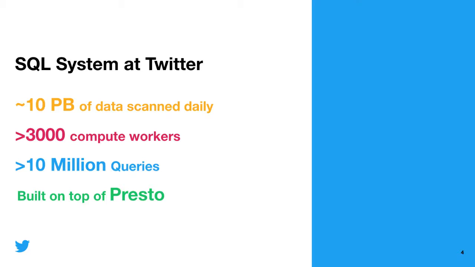For now, there is around 10 petabytes of data scanned daily in the SQL system, and the system has more than 3,000 compute workers, and more than 10 million queries have been handled in the SQL Federation system. And then finally, the SQL system is built on top of Presto, which is a very popular distributed SQL engine.